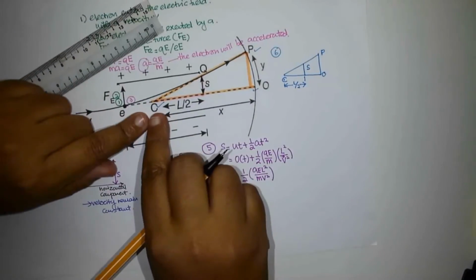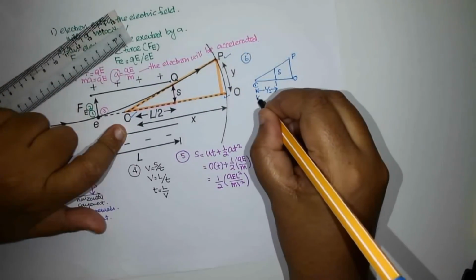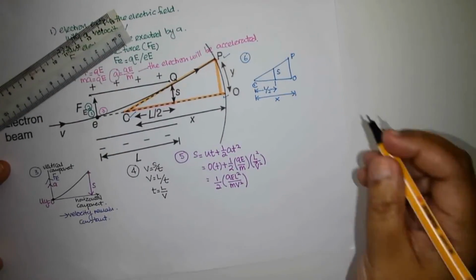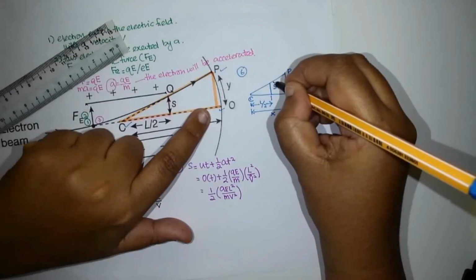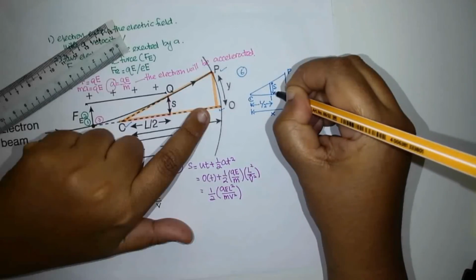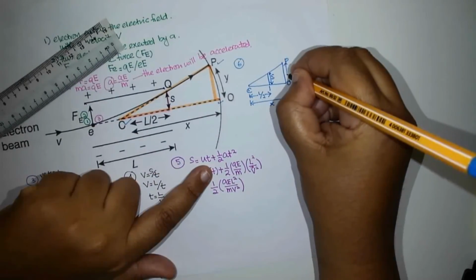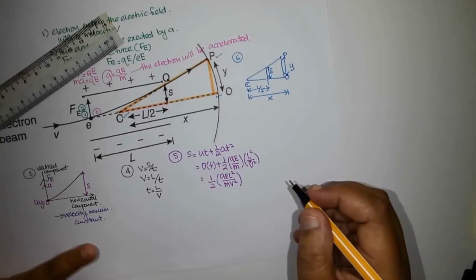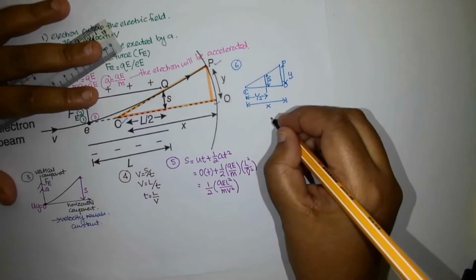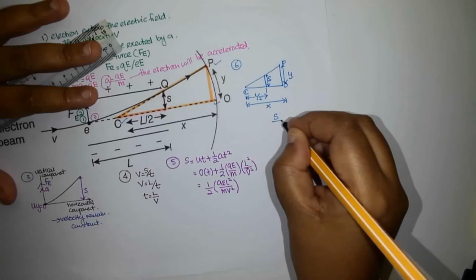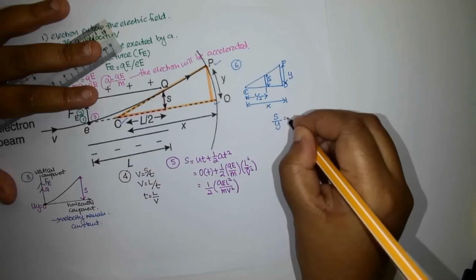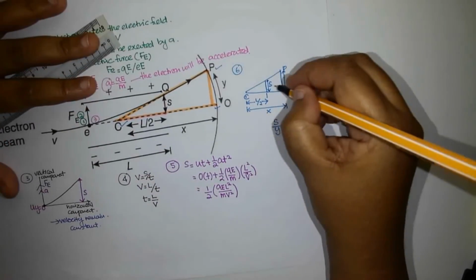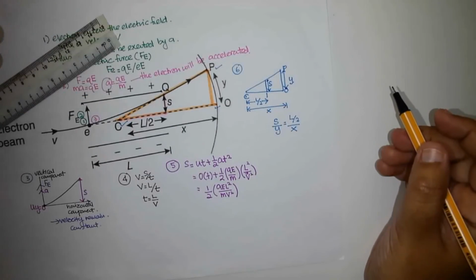Based on this, from C to P is X. And then this one, S, is from this point to this point, and this one to this one is Y. So therefore, by similar triangles, S over Y is equal to L over 2 over X. Your maths.